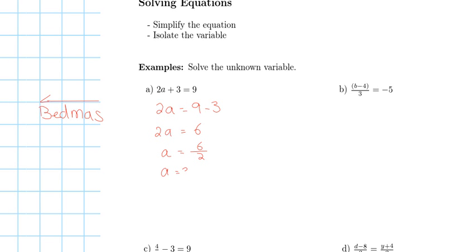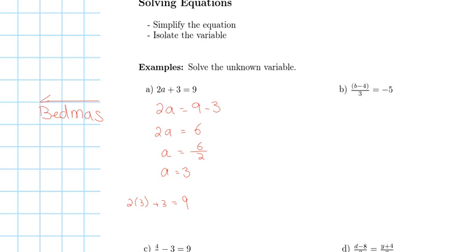Okay? You guys know that you can check your work. Right? So I can check my work and make sure that my answer is correct by plugging in 3 into my original equation. Now, in this case, it's not asking you to, but if you want to make sure, if I plug in 3 here, I'm going to get 2 times 3 plus 3, and let's see if the left side is equal to the right side.